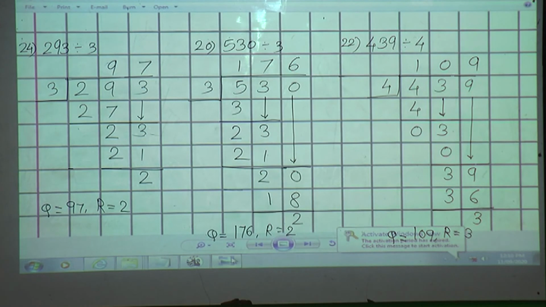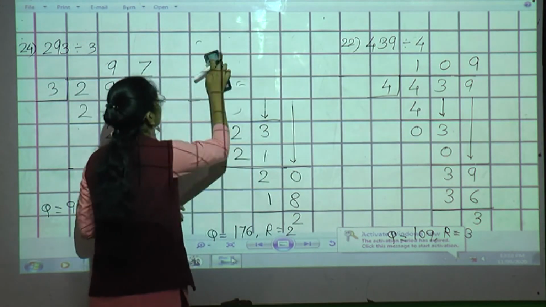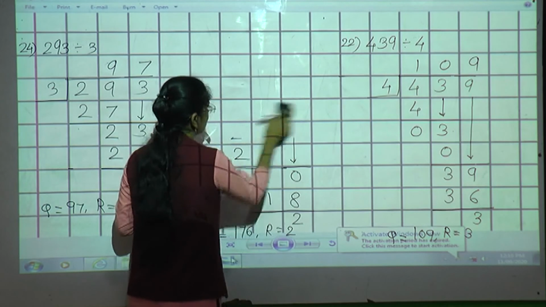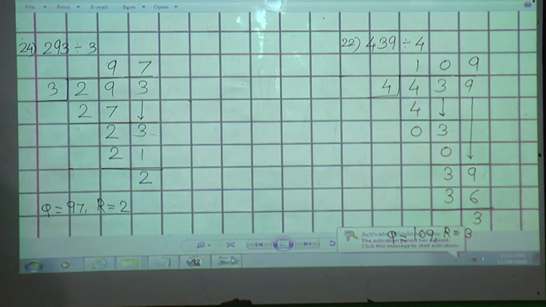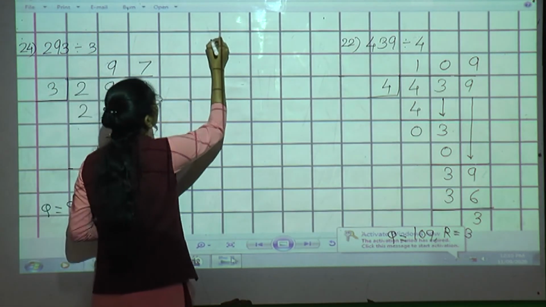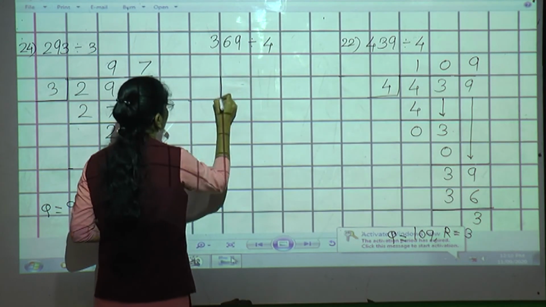Next, 26th number we will take 369 divided by 4.